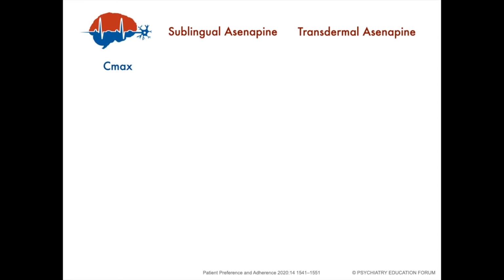Very briefly, Cmax is the maximum or peak serum concentration that this medication will achieve after it's administered. I will explain how the differences are clinically relevant in a few minutes. You can see for sublingual Asenapine, it's higher at 4 nanograms per ml, whereas it's a little lower for transdermal at 1.72.